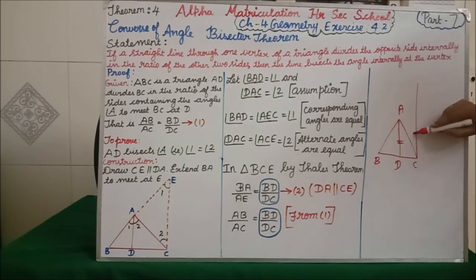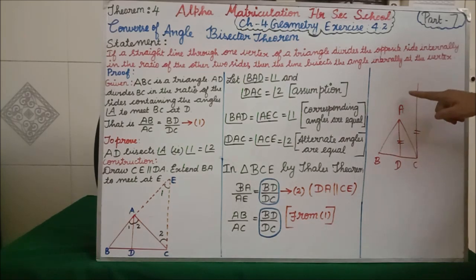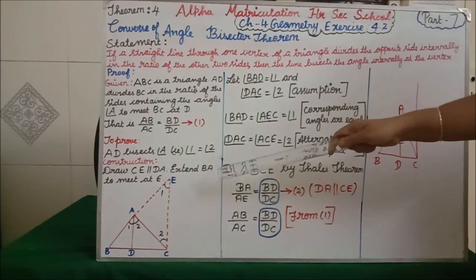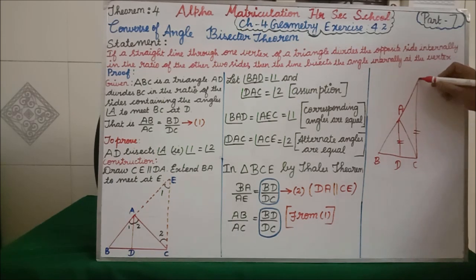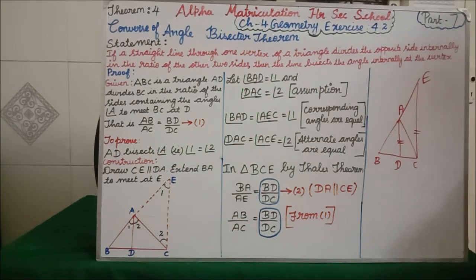How should that line be? Extend this line BA, B to A, to meet at E. This line we have to extend to meet at E. Clear all of you? Clear?